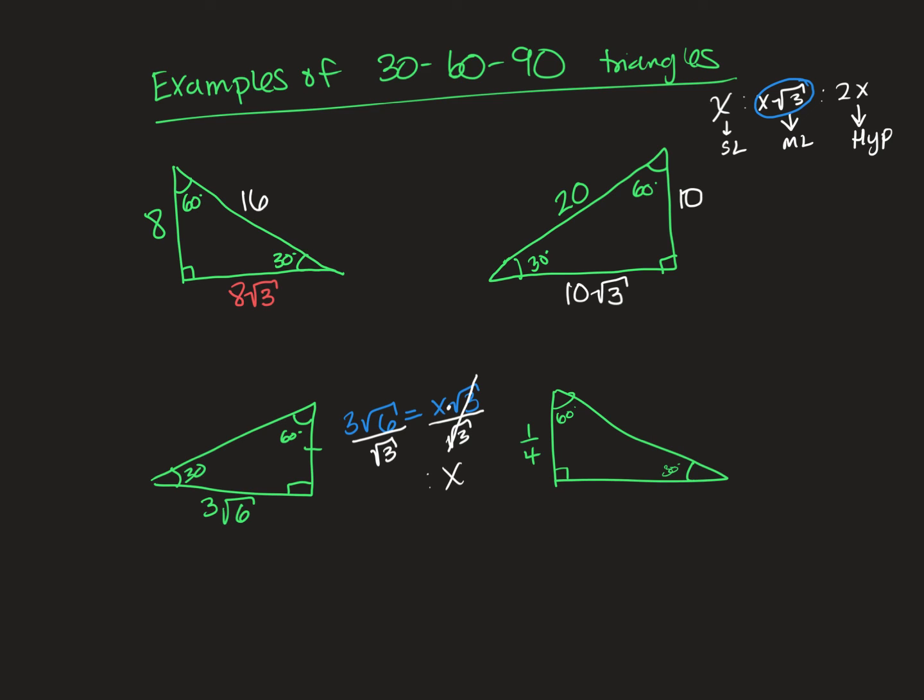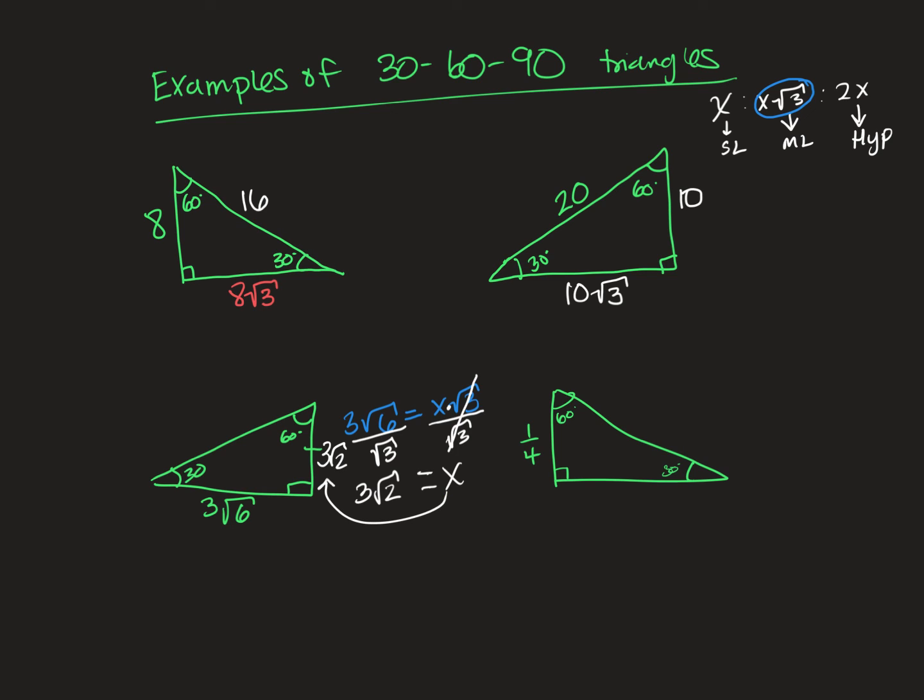And then the square root of 6 divided by the square root of 3 is the square root of 2. But we still have this 3 being multiplied to it. So we have 3 times the square root of 2. I can't simplify that anymore, so that's the short leg, 3 square root 2.